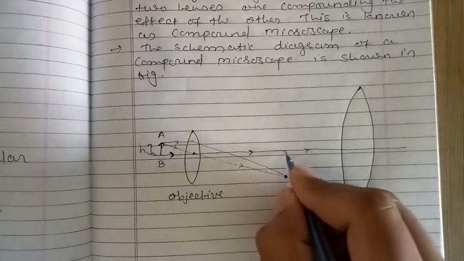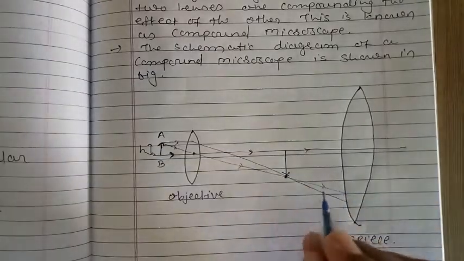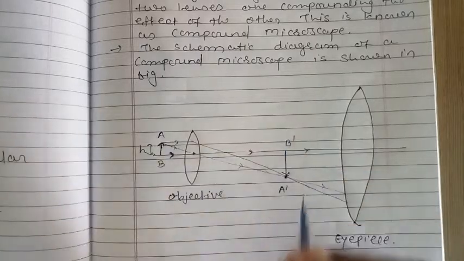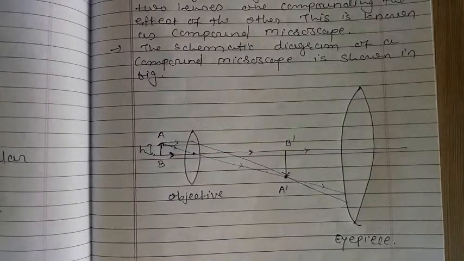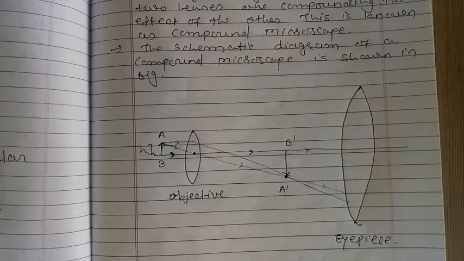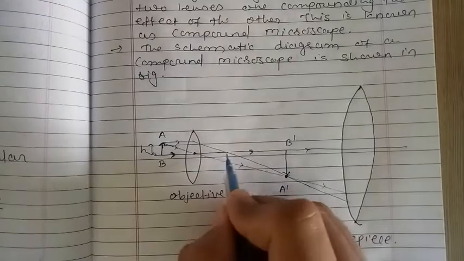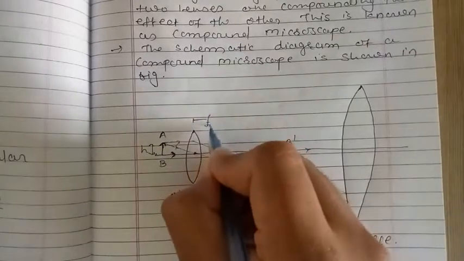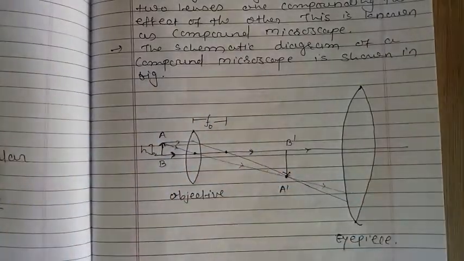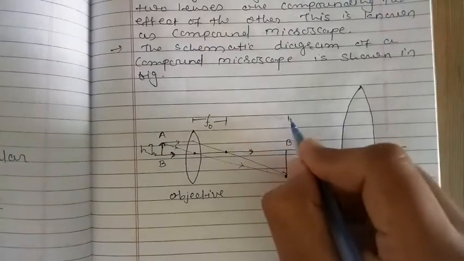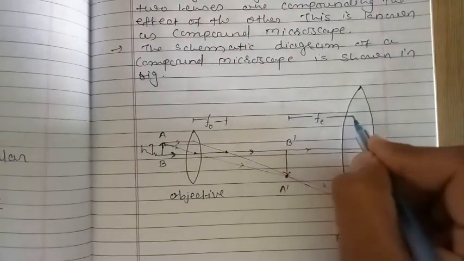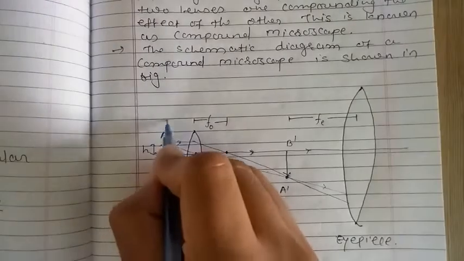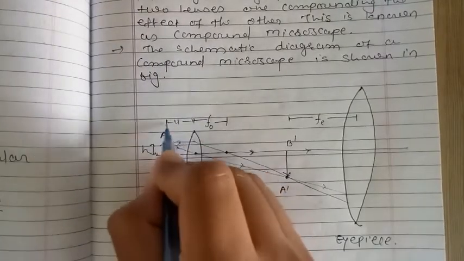So here the image is A dash B dash. This is the principal focus of our objective, so we can say this is FO. This is the principal focus of the eyepiece, so we can say this is FE, right? This is the object distance U.